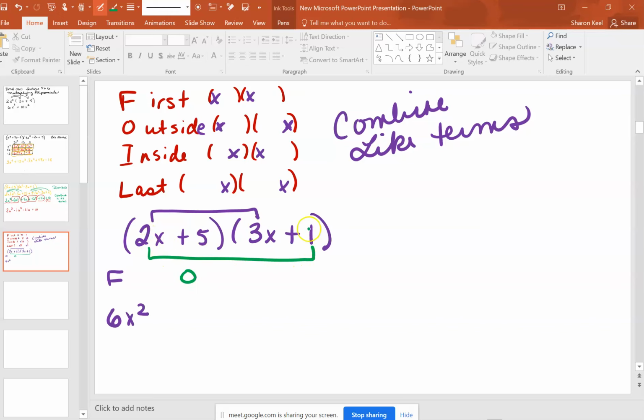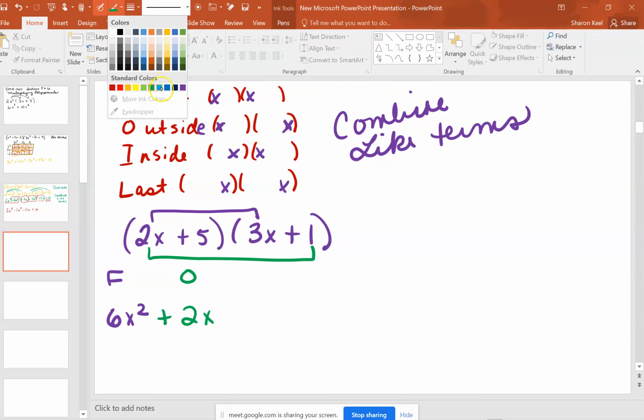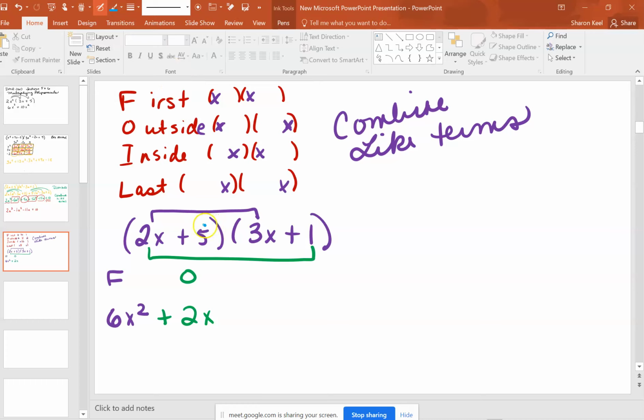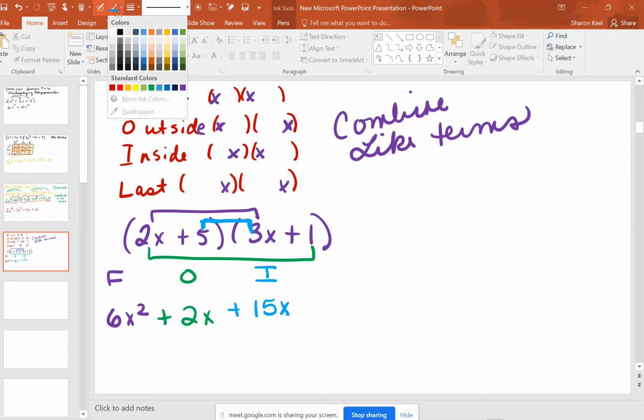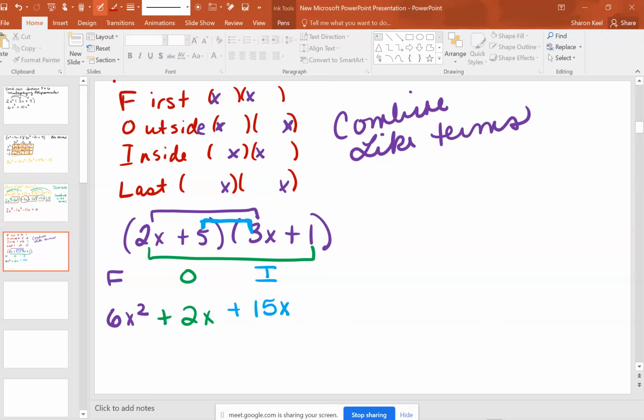So 2x times 1 is going to give me a plus 2x. When I multiply the inside, that's the inner two. So for the inside, I have 5 times 3, a positive 15x. And then when I do last, that's the last of each parenthesis. 5 times 1 is 5.